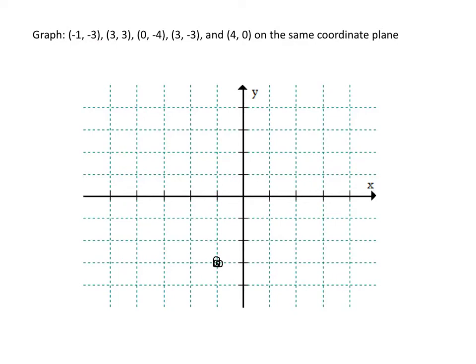The point 3, 3, +3 on the x, +3 on the y. 0, -4, that means 0 on the x, down 4 on the y. 3, -3, +3 on the x, and -3 on the y. 4, 0, +4 on the x, don't move anywhere on the y, so we're right there.